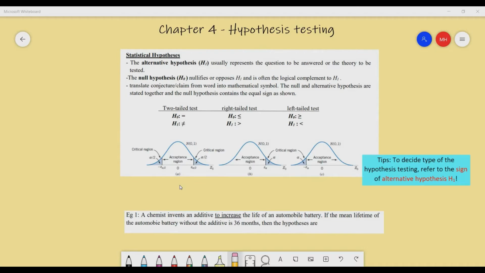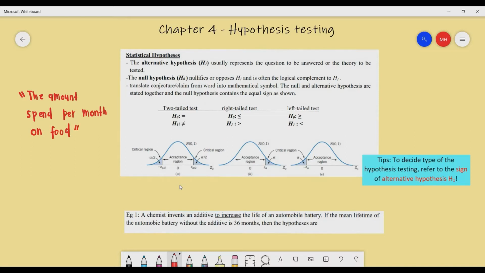Basically, this topic is much related to chapter 3, which is interval estimation or confidence interval. Let's say I take back the previous example on the amount spent per month on food among IIUM students.